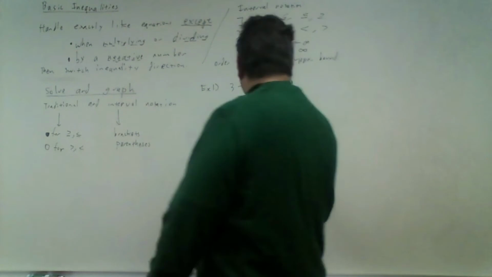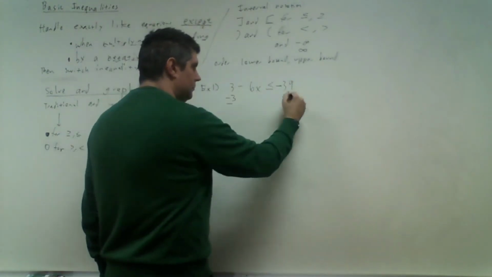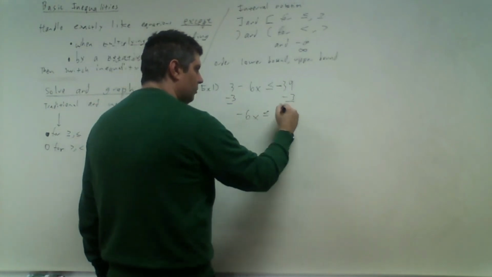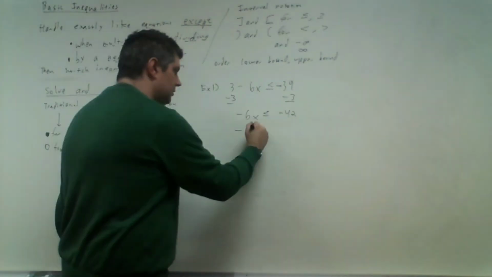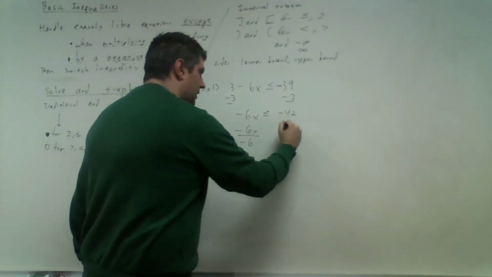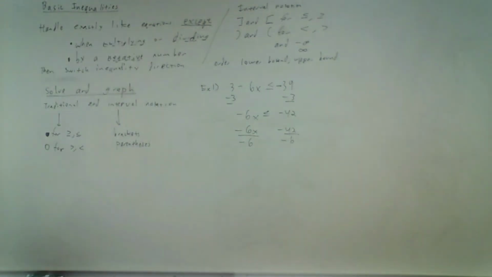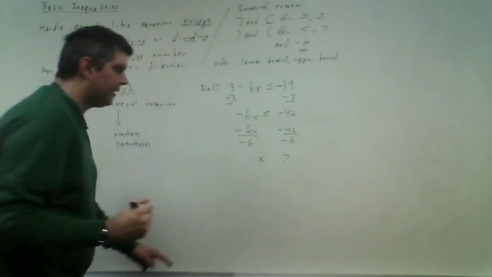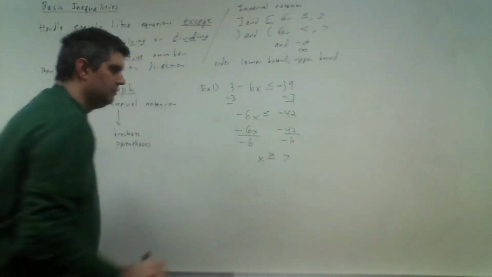Okay, so I subtract 3. We have negative 6x is less than or equal to negative 42. We divide off the negative 6. We get negative 42 over negative 6, we get x, we get 7. Now, because we divided by a negative, the inequality direction changes.